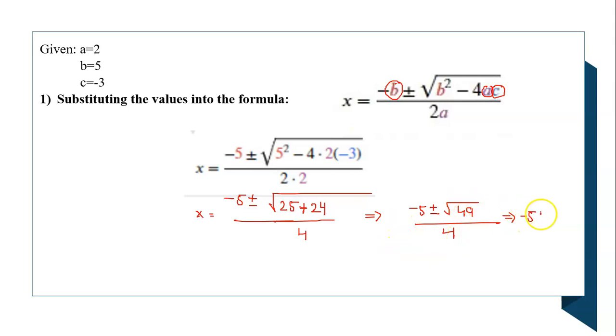So minus 5 plus and minus 7 by 4. So we can write down this plus and minus separately: minus 5 plus 7 by 4 and minus 5 minus 7 by 4. So we'll write the equation separately.